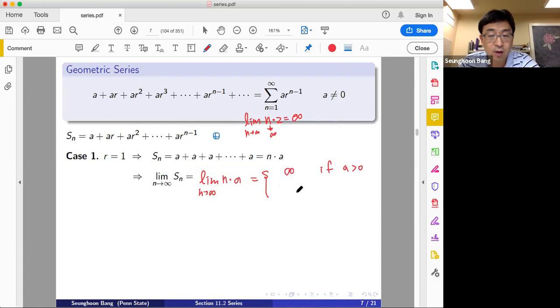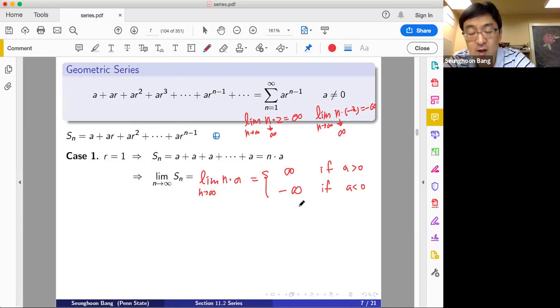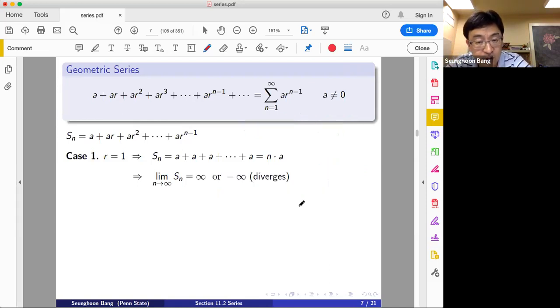Second, a is less than 0. One example is the limit as n approaches infinity of n times negative 2. N is going to positive infinity, infinity times minus 2 is negative infinity. So we have these kinds of answers.